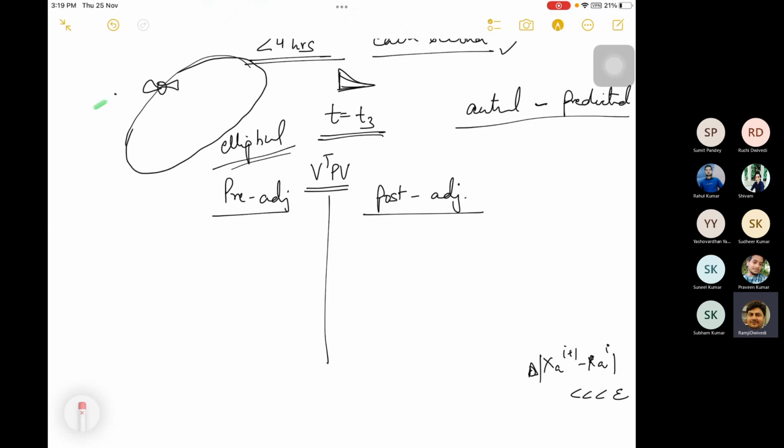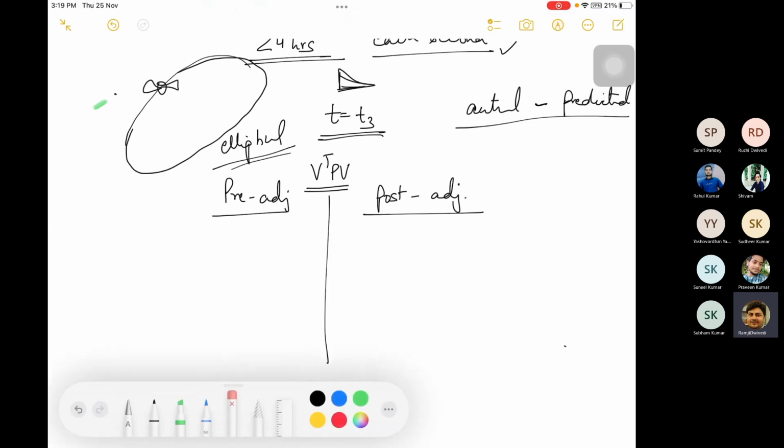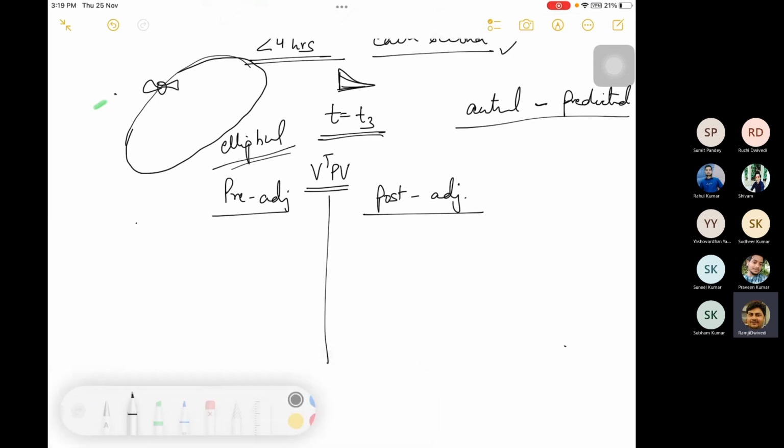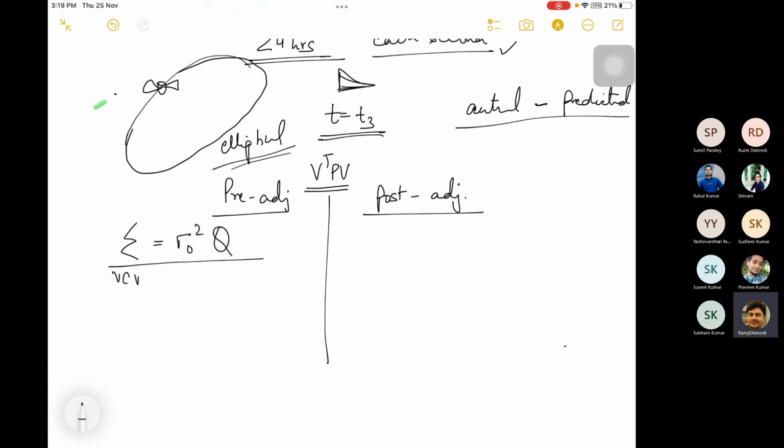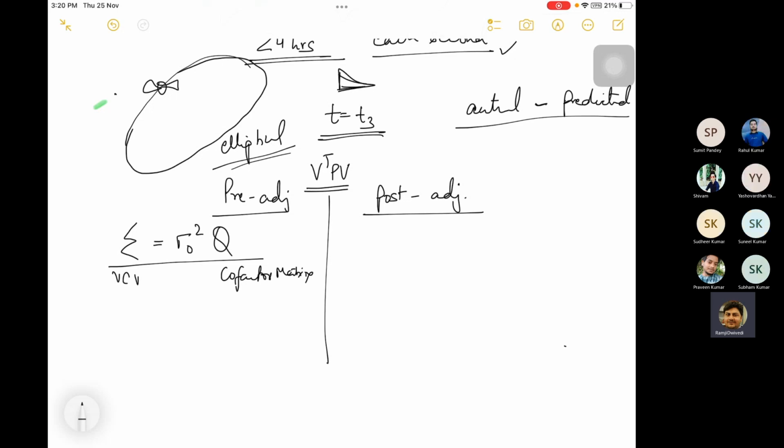Another, more important point is to make you aware about the choice of sigma naught square. Please remember, if you write sigma as the variance covariance matrix, then you write like this, and this is the cofactor matrix, which is the scaled version. When you do not have any information about the actual variance covariance matrix, you work with a scaled version of it, which is the cofactor matrix.